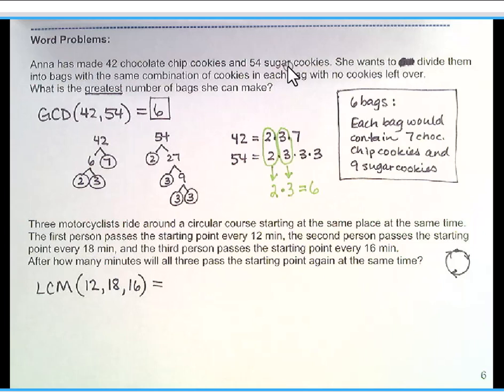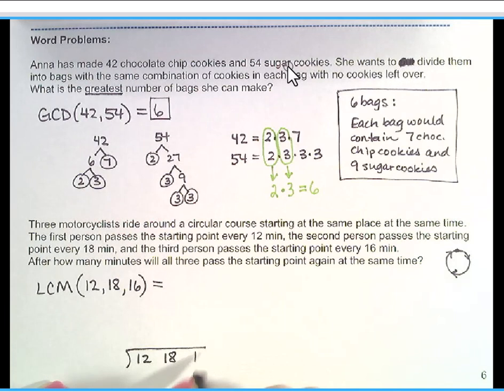I actually prefer the division by primes method for LCM. So I'll go 12, 18, 16, or you can put them low to high order if you want to here. It doesn't matter. What's a number that will divide into all 3 of these? Well, they're all even, so 2. 2 divides into 12, 6. 2 divides into 18. 2 divides into 16.